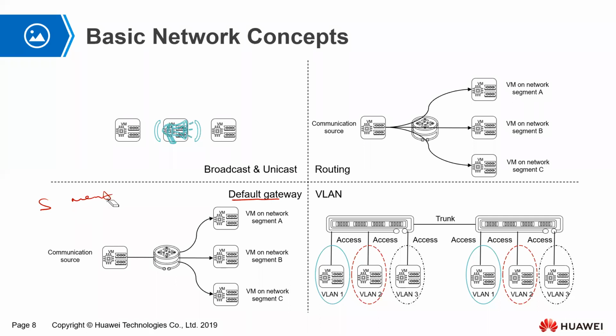How is it going to be able to tell that I need to reach out to this computer? Just like we have our friends, some of them are from Zambia, some from Tanzania, some from Uganda, and now we want to reach each other. Think of the default gateway like our country codes.